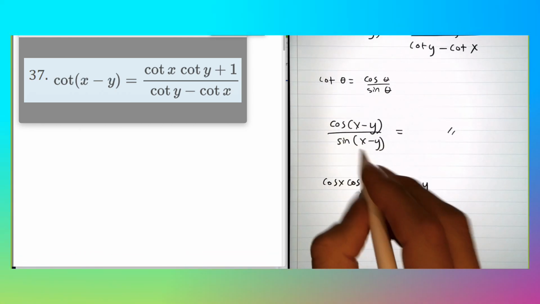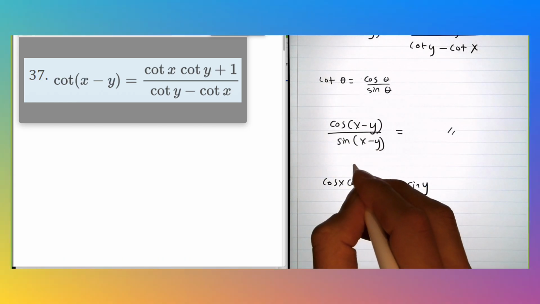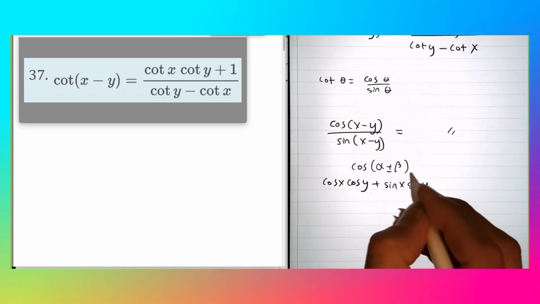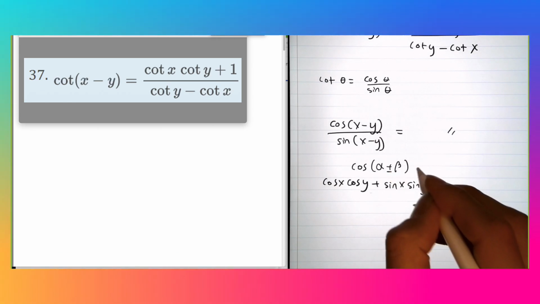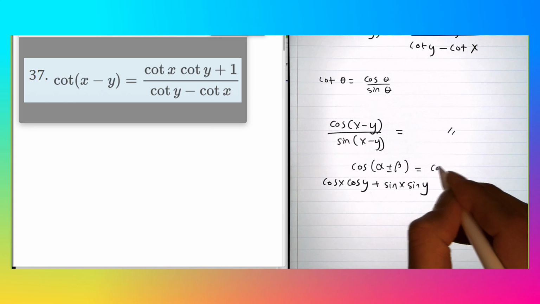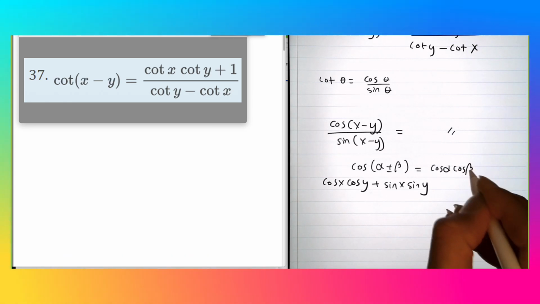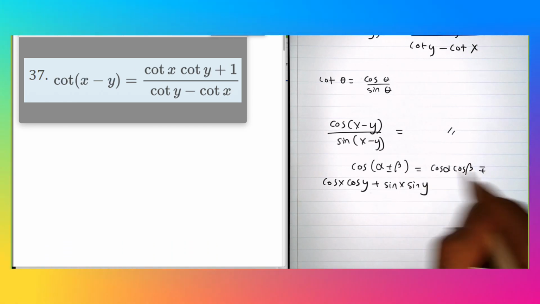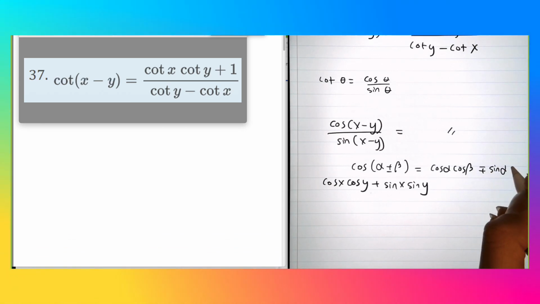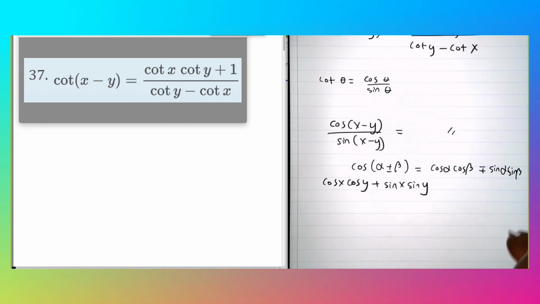In case it's not familiar to you, you need to remember that cosine of alpha plus or minus beta is defined as cosine alpha, cosine beta, minus or plus, it will change the sign, sine of alpha and sine of beta.